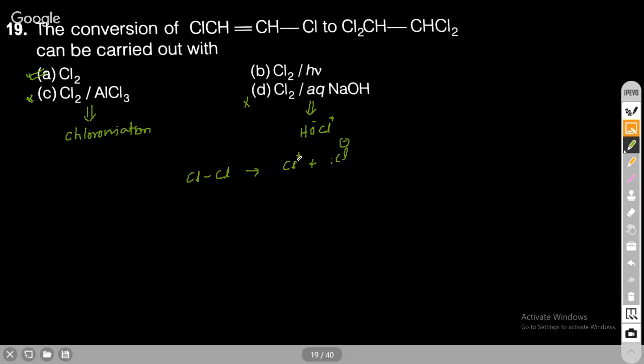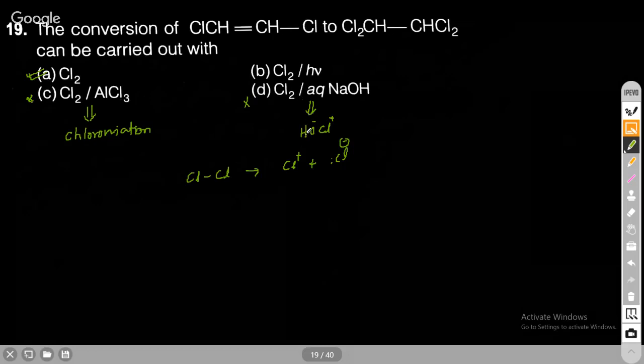Okay, and then first this molecule will attach with this double bonded carbon, and later on Cl minus will also attach and will get two chlorine atom attached with this carbon atom. Correct? And we get this product. Right? So option A is correct in this case.